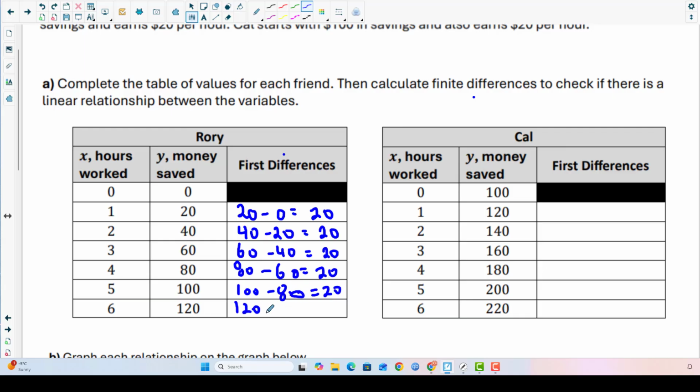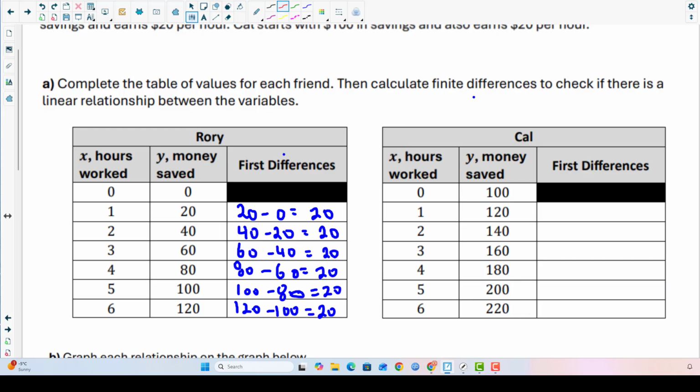And 120 minus 100, which is also 20. All right, so our first differences are all 20, meaning the graph for Rory, or the relationship, is linear.